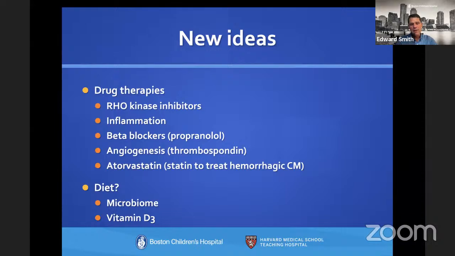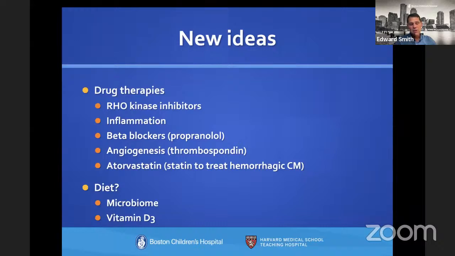Blocking thrombospondin as an anti-angiogenic therapy has been proposed, and atorvastatin, these statins that are used for high cholesterol, also seem to have some effects on reducing the hemorrhagic rate of certain cavernous malformations. The main point here is that there is a ton of hopeful advances in the drug therapy world, and this comes from the molecular understanding of these malformations, which really has been at the vanguard, I think, of cerebrovascular neurosurgery.